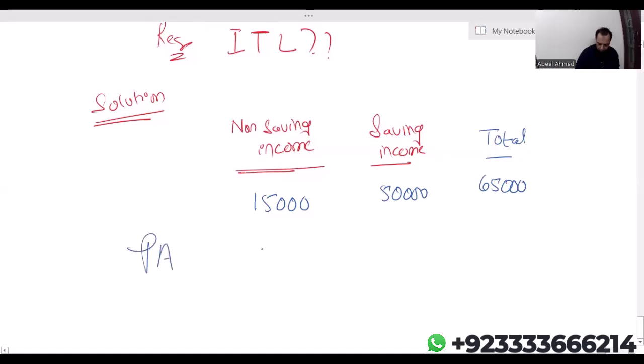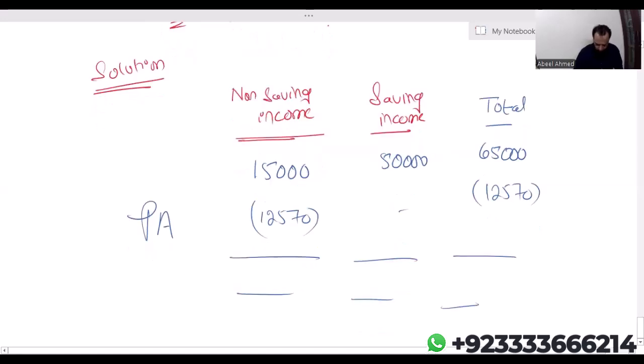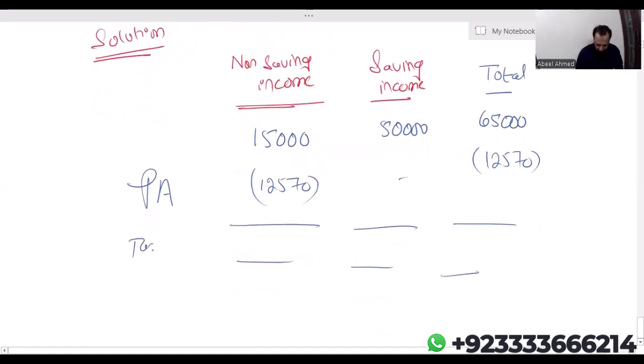Personal allowance, obviously non-saving, 12,570. Taxable income: 15,000 minus 12,570, I'm getting taxable income 2,430. Saving is 50. Final answer is 2,430 plus 50, that is 2,480.